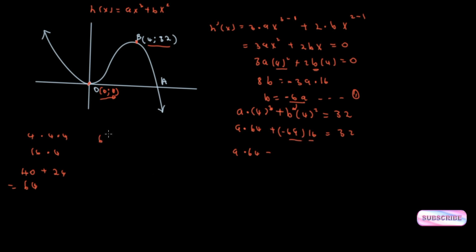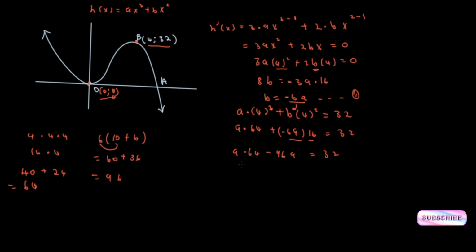That's the same as 6 multiplied by 10 plus 6, which gives you 60 and 36, so the answer is 96. So it's going to be negative 96a equals 32.